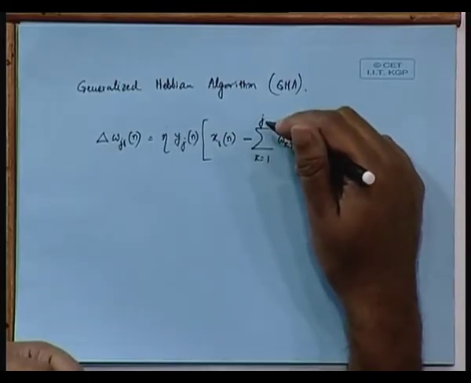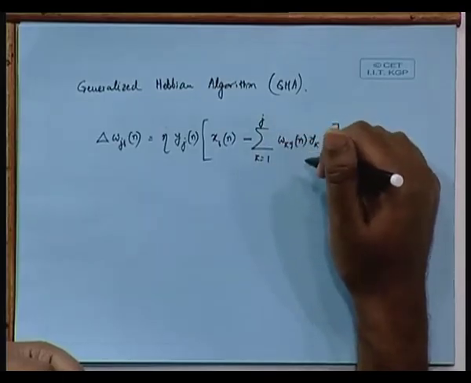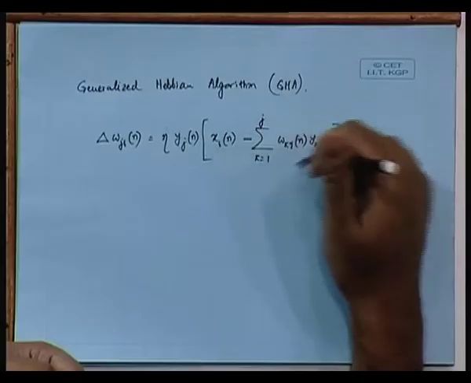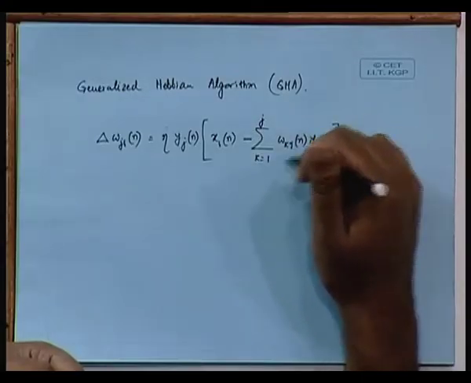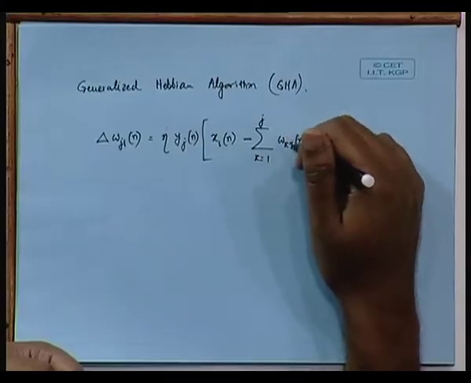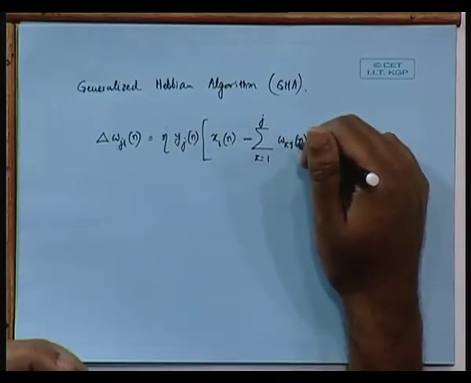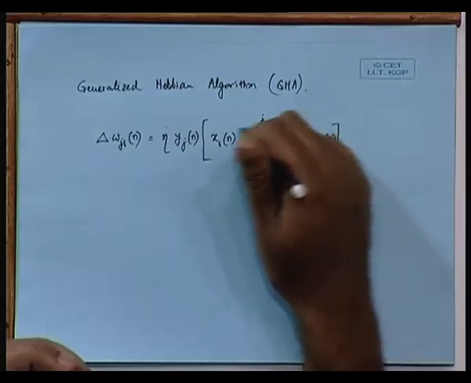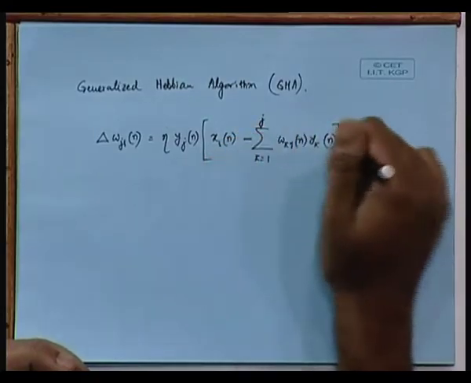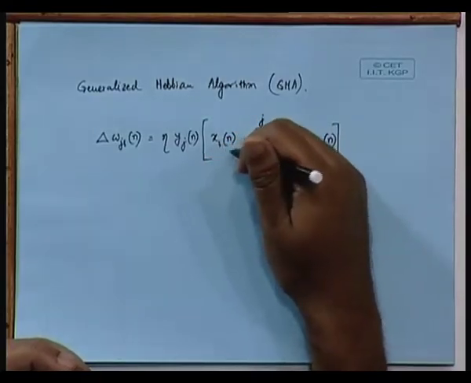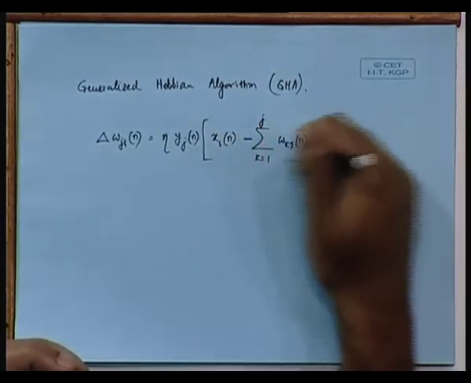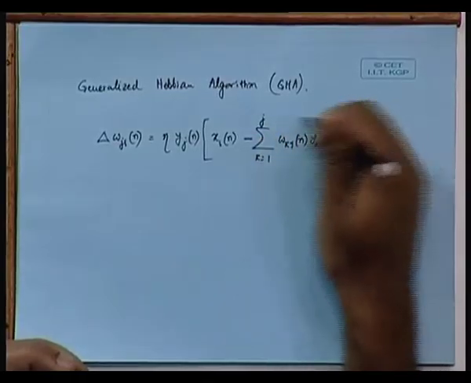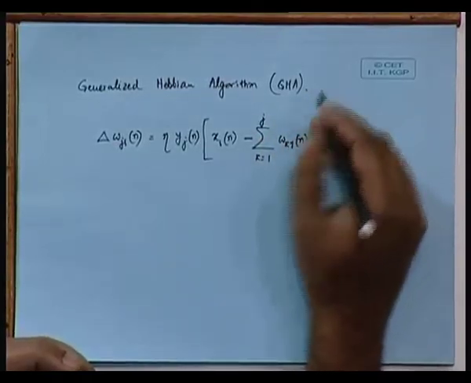That means all the previous yk's are being taken into consideration because they modify the effective xi(n). This can be regarded as the effective xi(n) because of the contribution of these terms.